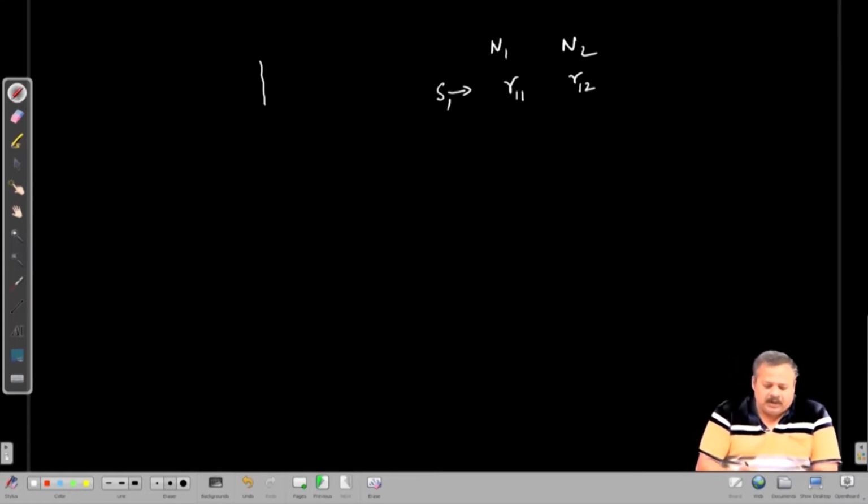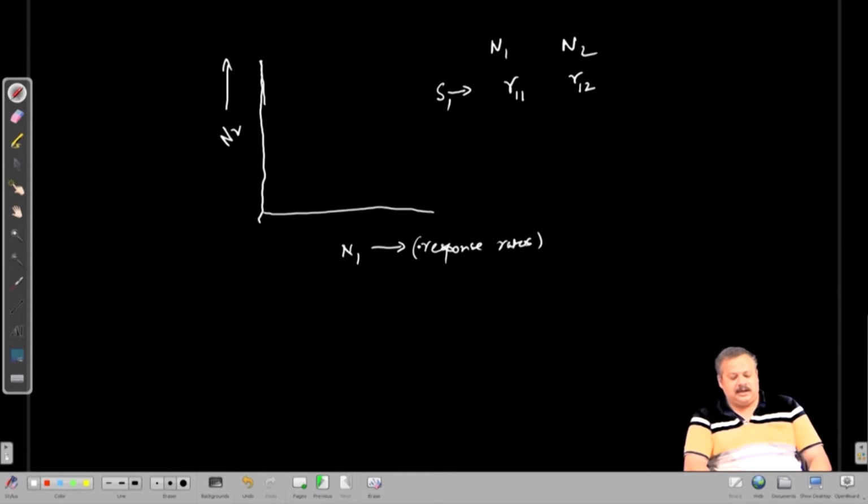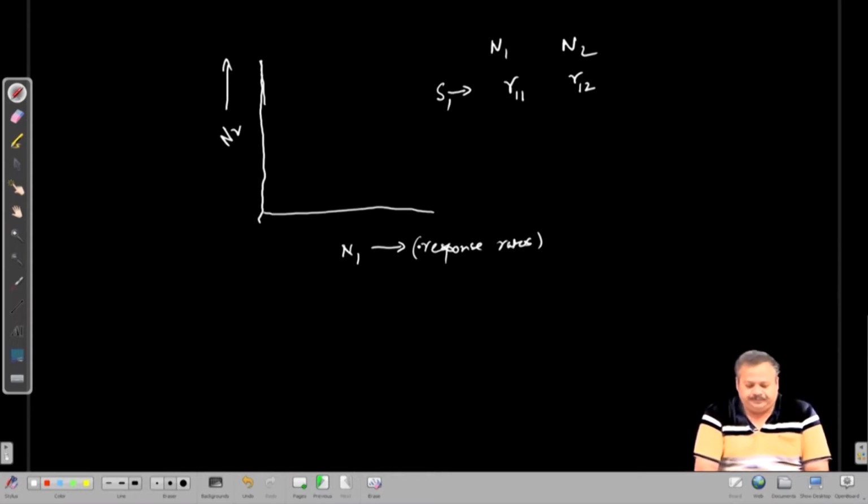If we now represent the response of neuron 1, that is, the rate based responses, along one axis, response rates, and the responses of the other neuron along the other axis, that is the response rate of neuron 2.